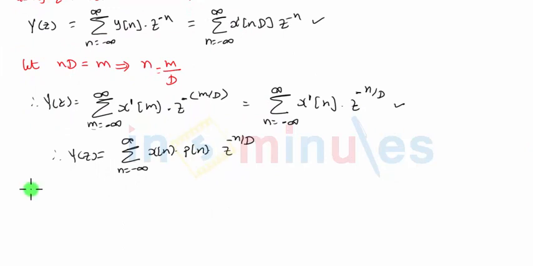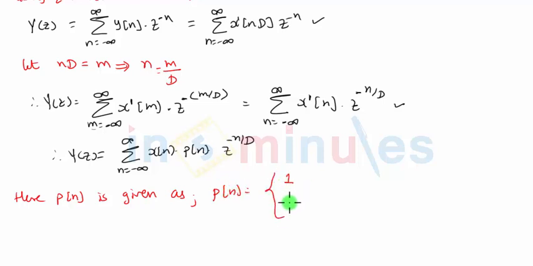If you remember, p[n] was nothing but a periodic signal in which the first sample was equal to 1 and the remaining samples were 0. So when was it 1? It was 1 for n equal to 0, plus minus d, plus minus 2d, plus minus 3d, and so on, and it was 0 elsewhere.